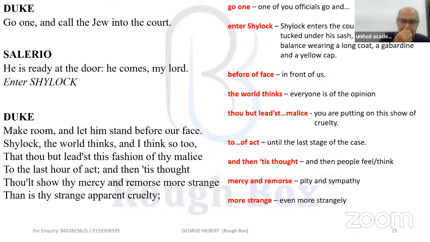And then it is thought that thou wilt show thy mercy and remorse more strange than is thy strange apparent cruelty. So you are just dragging this show of terror to the last stage of the case, and then people think, or they are of the opinion, that you will show pity and sympathy even more strangely than your false act of cruelty. So the Duke thinks that Shylock is pretending to be cruel. Okay, in reality, he is being cruel. He wants his pound of flesh.